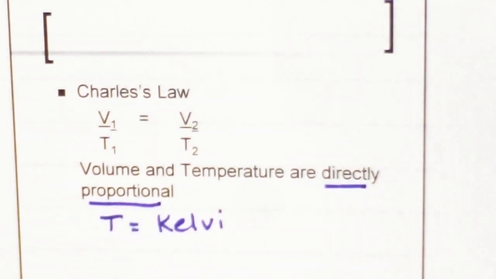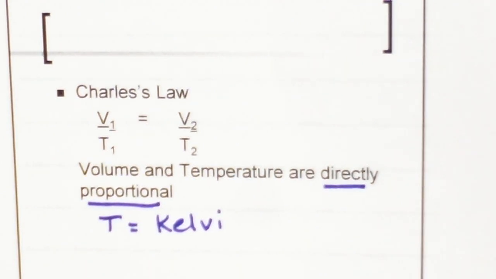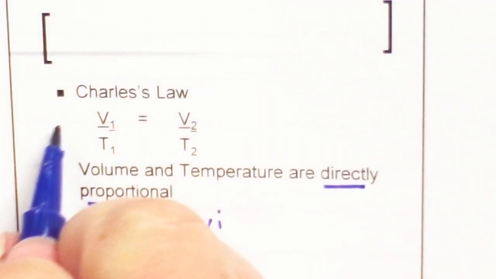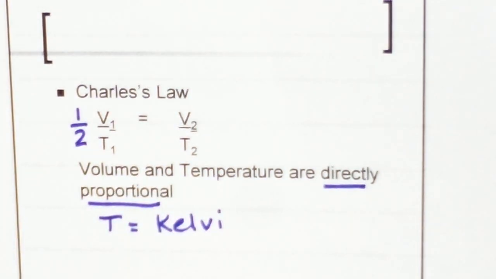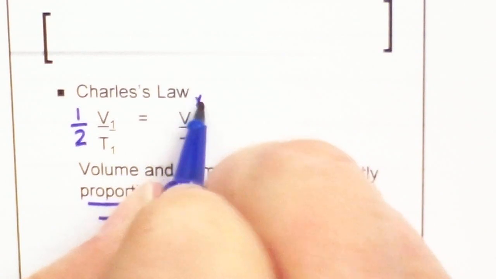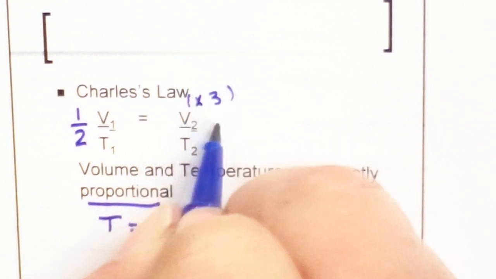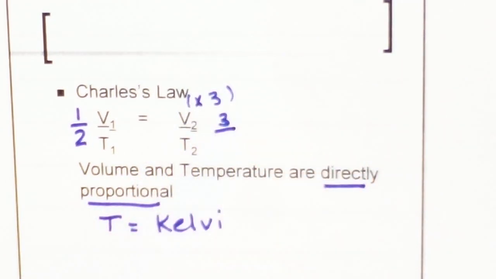Charles' law is directly proportional. Directly proportional means that as one goes up, the other goes up. So if I were to have 1 and 2 here, and I were to multiply my volume times 3, I would get 3 for my volume.